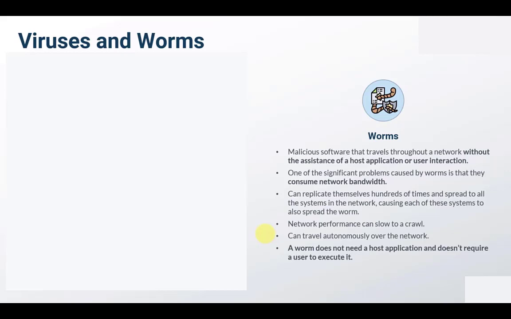Basically it replicates itself, making thousands, tens of thousands or millions of copies, and chokes down your whole system. So if everything is slowing down on your network, it means you have a worm on your network.